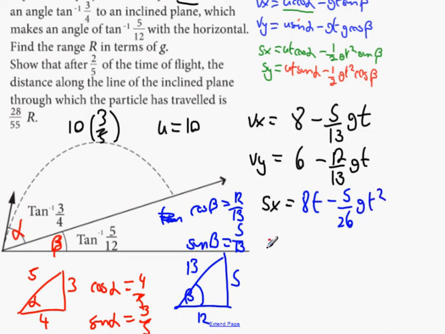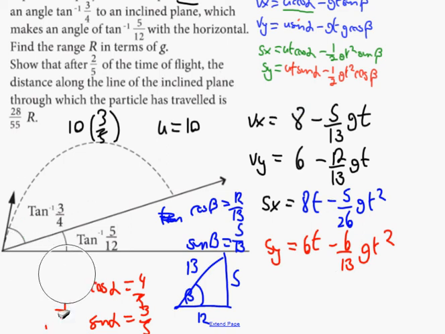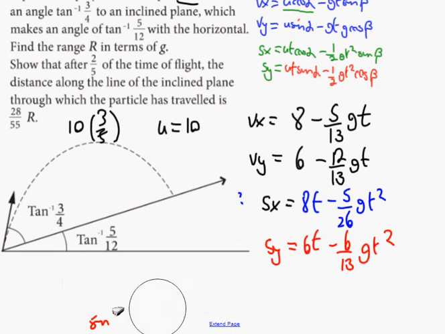The next one then, sy, put a t behind the 6, half the fraction, 12 over 26 is the same thing as 6 over 13, right? 6 over 13 gt squared. Okay, there's our 4 formulas. Anything else that you've done before that no longer really matters.